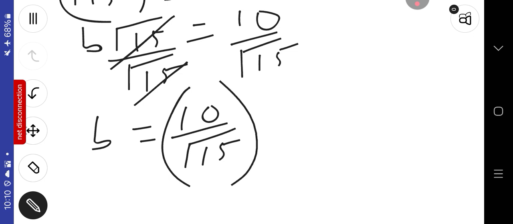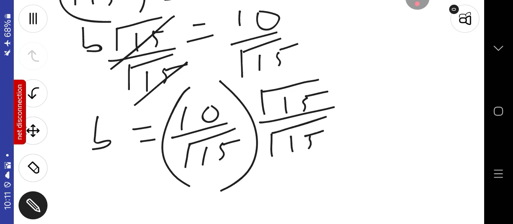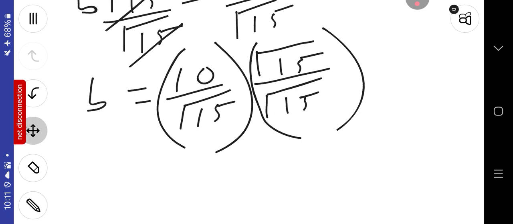So in rationalization, we multiply by the denominator, which is the square root of 15, so multiplying square root of 15 over square root of 15.